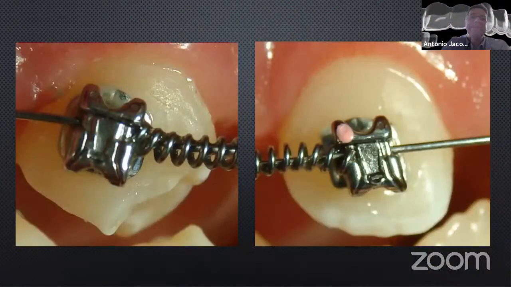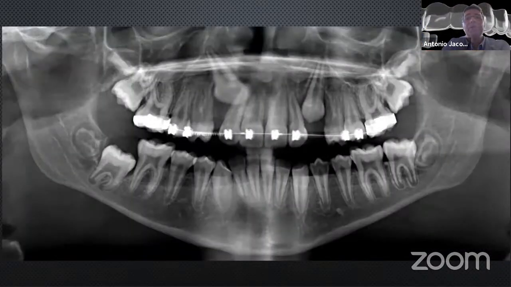So with this technique, and also the premolars, I'm moving the roots of the premolars towards distal, and moving the roots of the lateral incisors towards mesial. So with this, I was just trying to open the space for the canine and try to de-impact the canine on the left side. On the right side, I'm sorry.